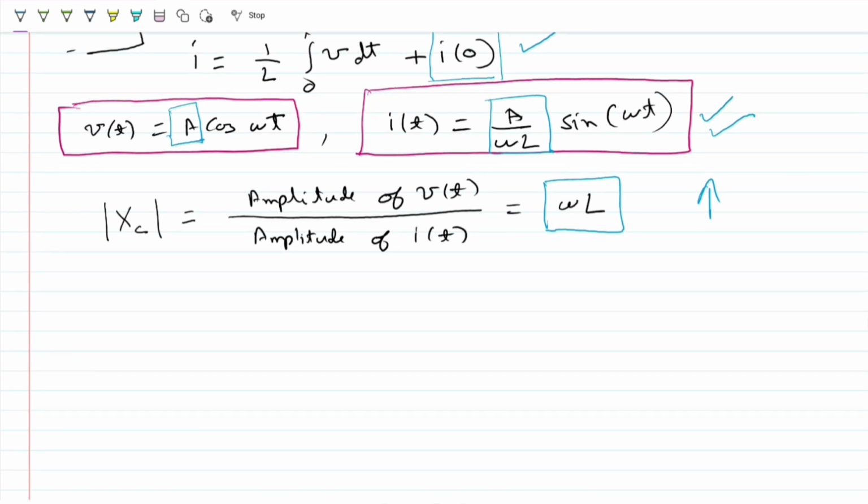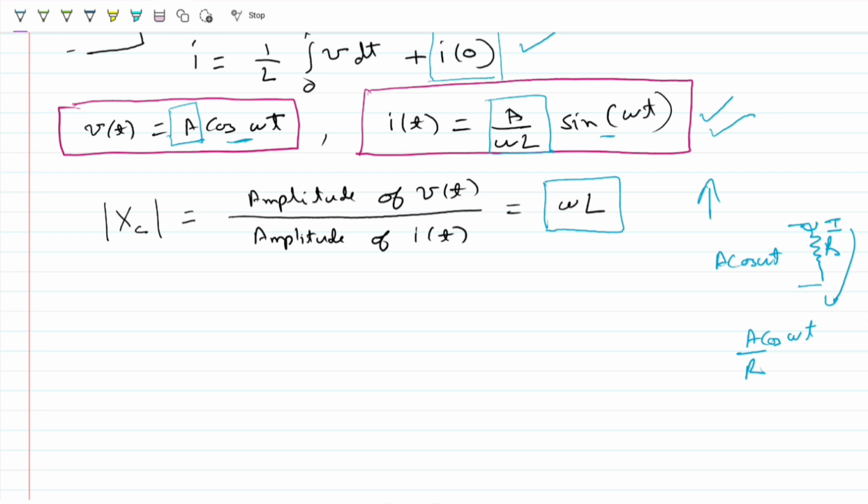But besides amplitude, there is an additional thing that the reactance does to a voltage when compared to a resistor. If we had a resistor and applied a voltage A times cos of omega t, the current through it would just have been a scaled version, A times cos of omega t by R, if the resistance was denoted by R. But in the case of an inductor, it has not only changed the amplitude, it has also changed the phase, from cos of omega t to sine of omega t.